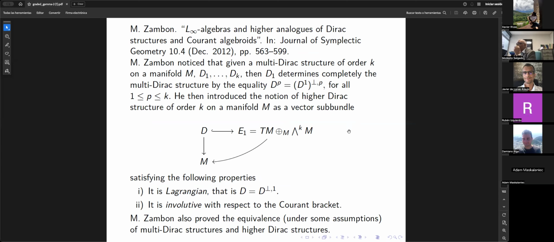He called it higher Dirac structures of order K, as a Dirac subbundle satisfying a list of properties. Those are the usual properties. And Marco Zamon proved the equivalence, under some assumptions, of multi-Dirac structures and higher Dirac structures. So we have two names, multi-Dirac structures and higher Dirac structures. So we see the complication.